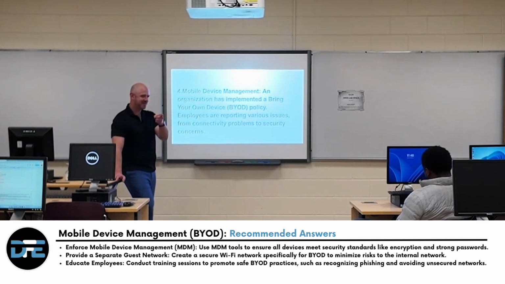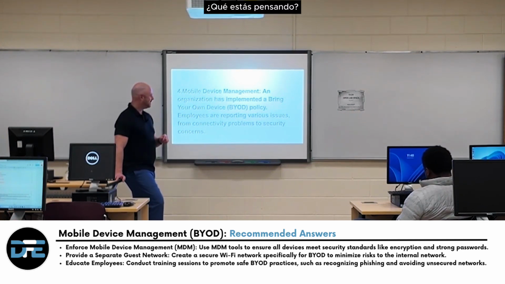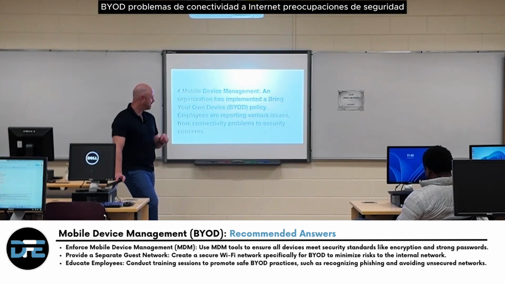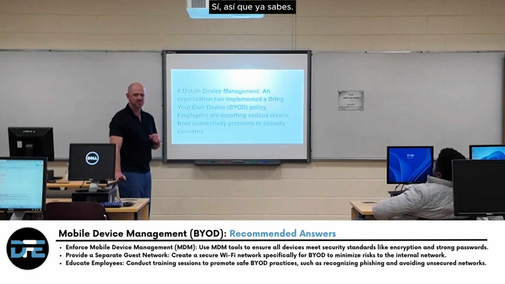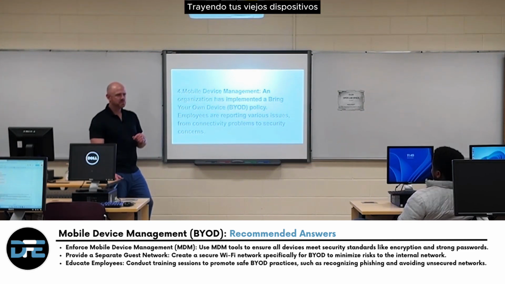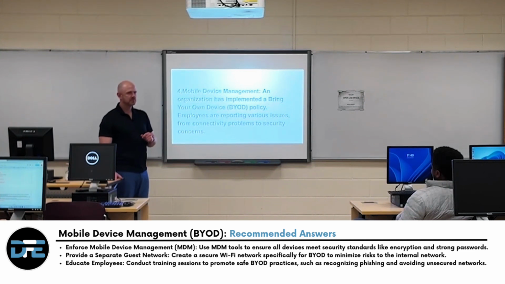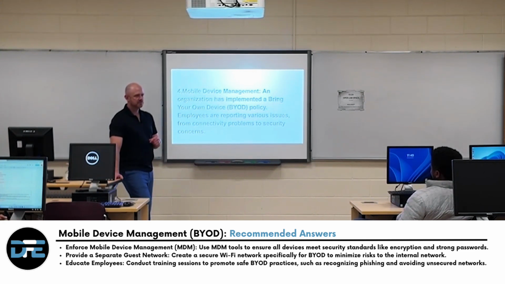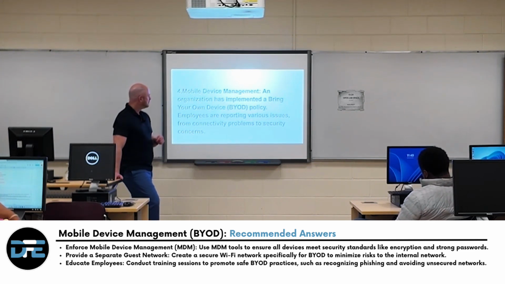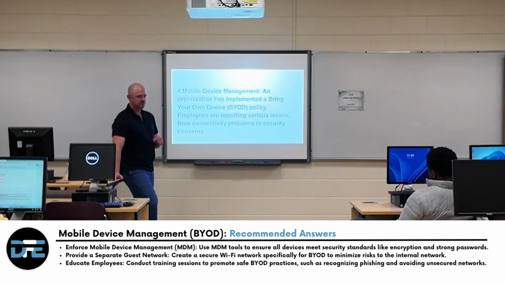All right. Yellow. What are you thinking? BYOD, internet connectivity issues, security concerns. Yeah. So, employees are bringing in their own devices again, phones or laptops, onto the network, and they're having these problems. If something's wrong with the network, you would check performance and see what's on it.